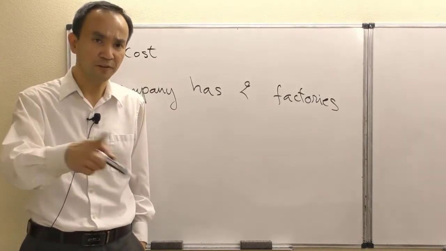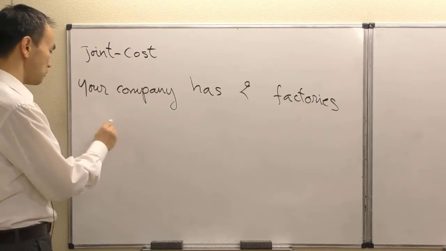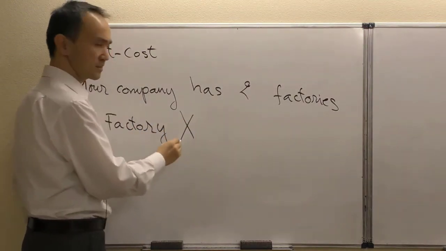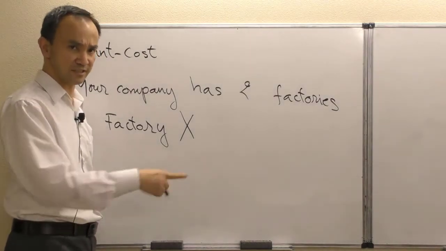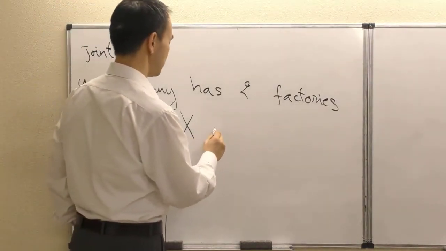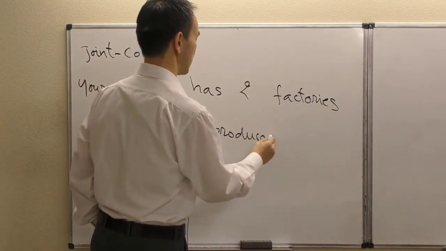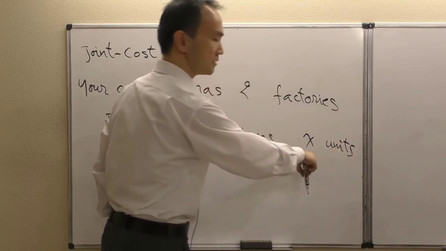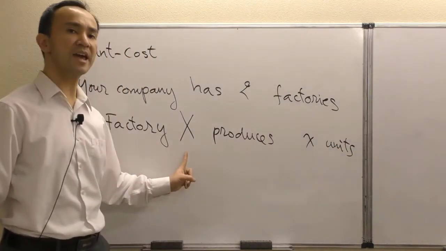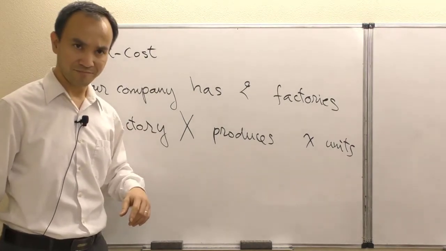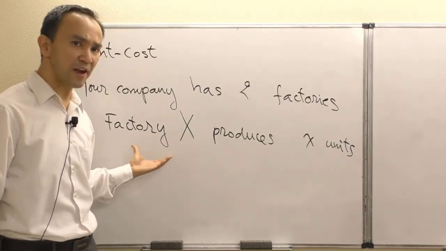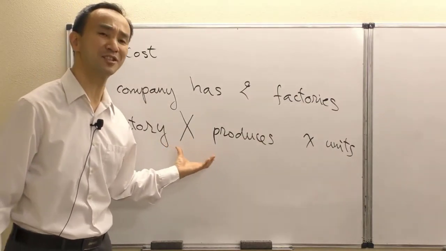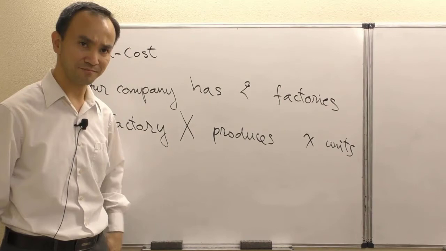There's a factory X, one of the 2 factories, I call that factory X. Factory X produces x units. So the x right here is in lowercase, where the uppercase X is the name of our factory. And of course, in order for factory X to produce x units, there's a cost that separately came out from this.